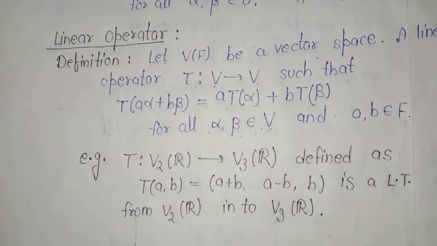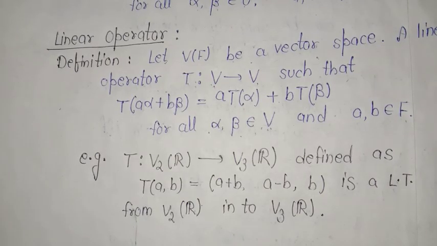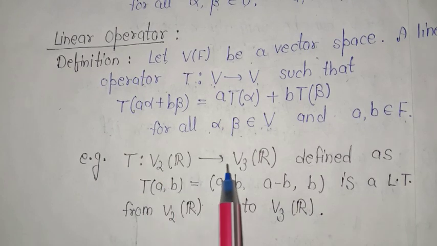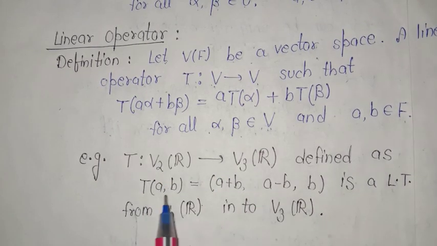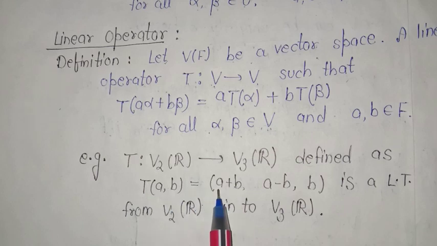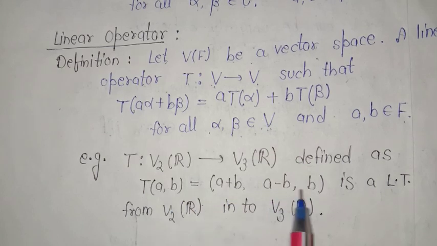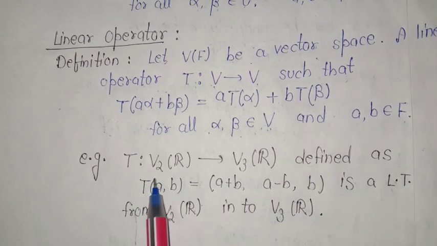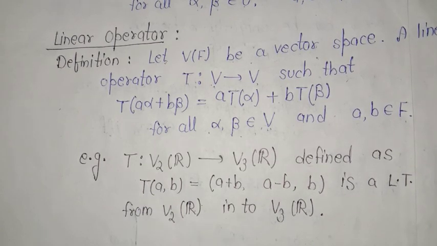So our first example is for the linear transformation. Let T be a function from V2 over R to V3 over R defined as T of (a, b) equals (a plus b, a minus b, b). This is a linear transformation. We have to show that this function T forms a linear transformation.